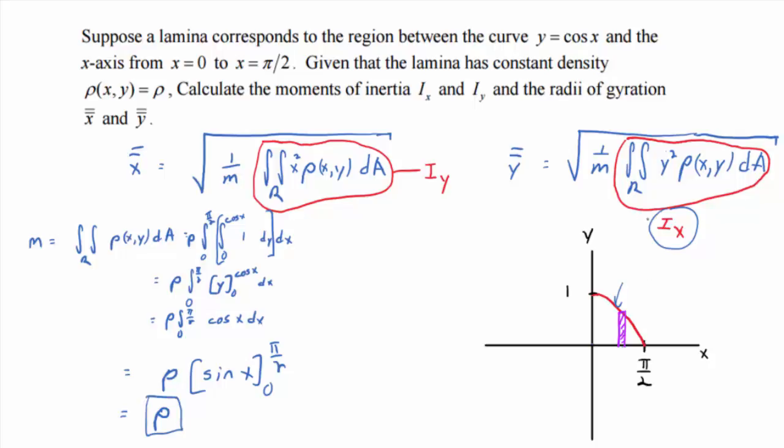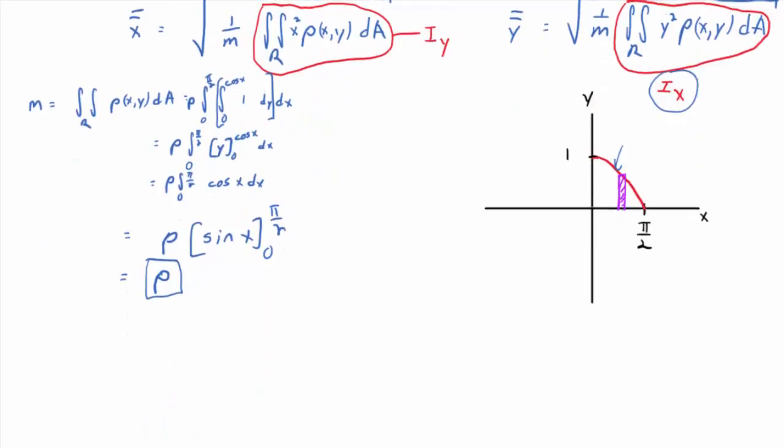So now let's go ahead and find I sub x. I sub x, remember, we're going to use this part of y double bar. I sub x is going to be equal to the double integral. Use the mass integral as kind of a template to help you set this up. We're not going to take the 1 over m, we just need the double integral itself.